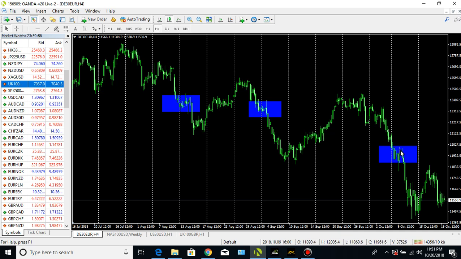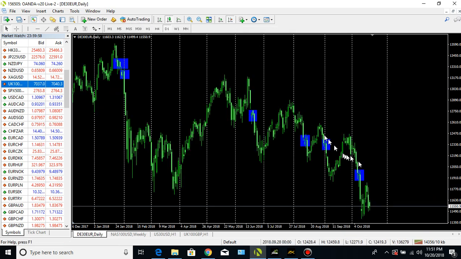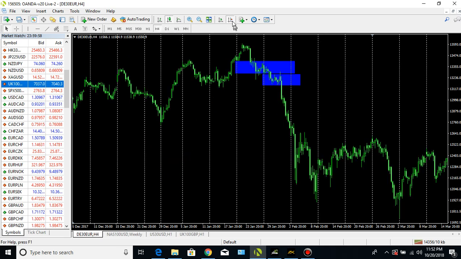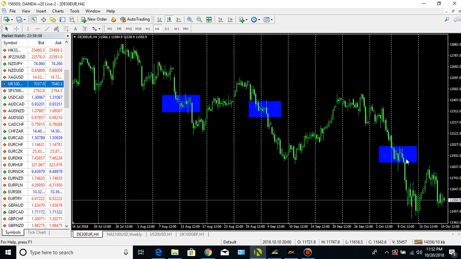It should be broken out and then price should continue going down, which is what happened here. Notice something. All I did, I placed this thing on a daily. I saw that price was going down, but there was seemingly a bullish candlestick between bearish candlesticks. Then I knew this had to be a potential continuation pattern. Going to H4, we found that indeed this was a potential continuation pattern.